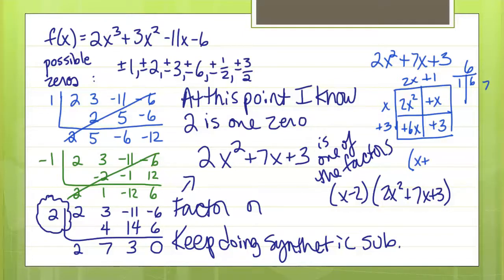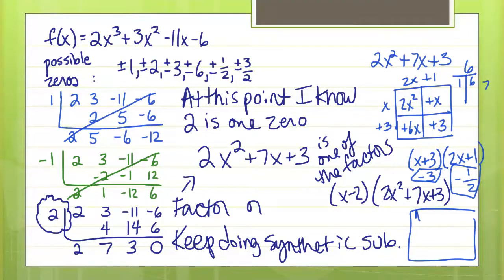So x plus 3 times 2x plus 1. The solution to this one is negative 1/2. The solution to this one is negative 3. So those are my other two zeros. So my complete list of zeros, my answer is negative 1/2, negative 3, and positive 2.